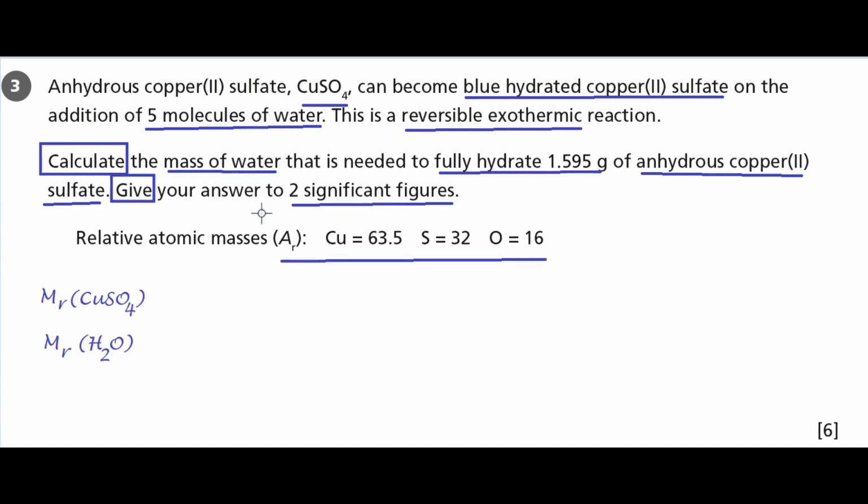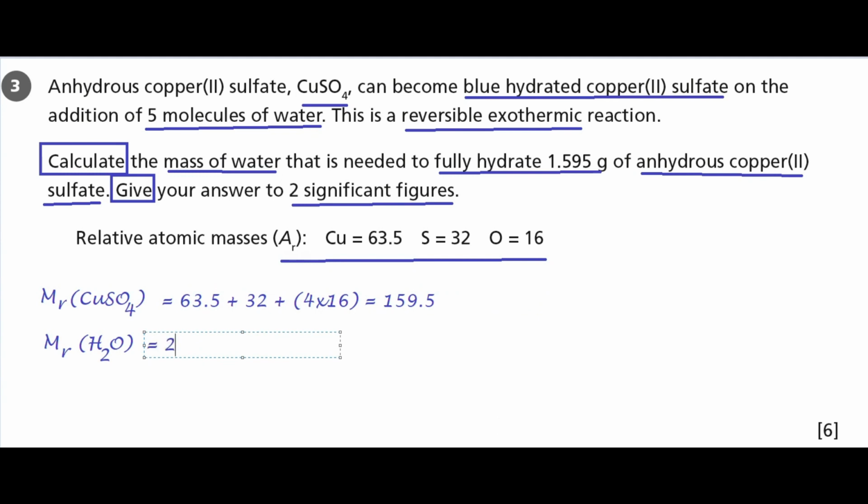So let's calculate the Mr for copper sulfate. It is the mass of copper, which is 63.5, plus the mass of sulfur, which is 32, plus 4 lots of the mass of oxygen, so 4 times 16. And that gives you an answer of 159.5. Now, let's work out the relative formula mass for water.